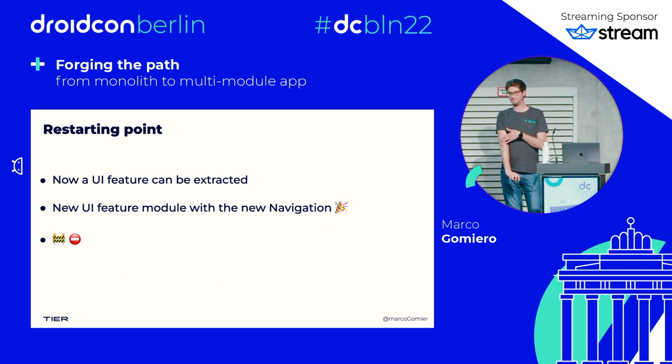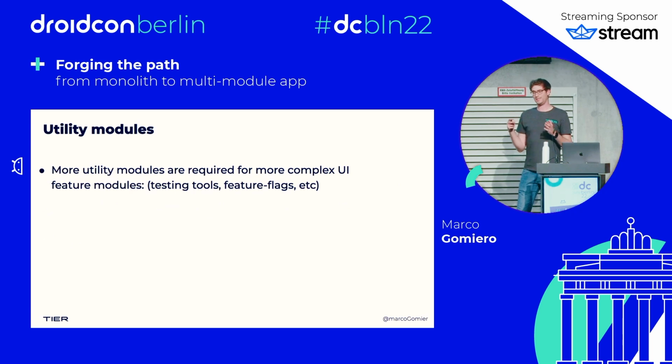Because the UI feature that we extracted with navigation was a little one, because you have to deal with navigation, which is a huge topic, and then you don't want to fill your time with a big module. And in this case, we realized that in order to progress forward with UI modularization, we needed some more tooling.